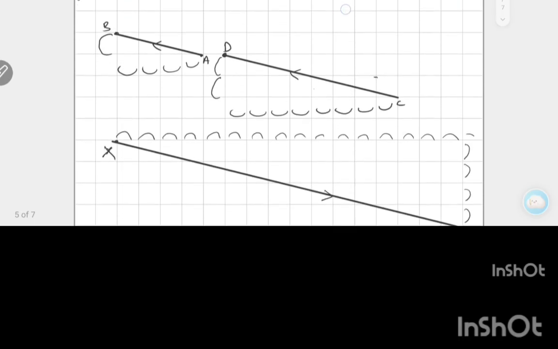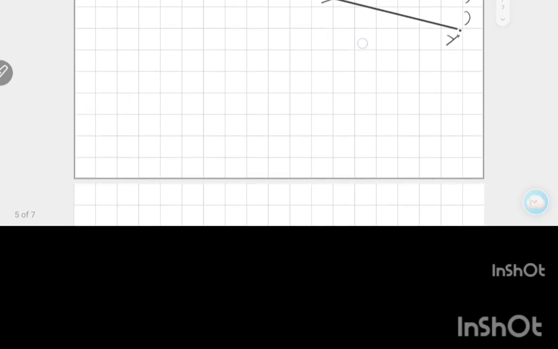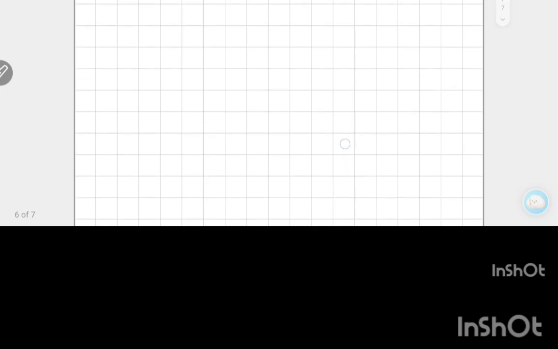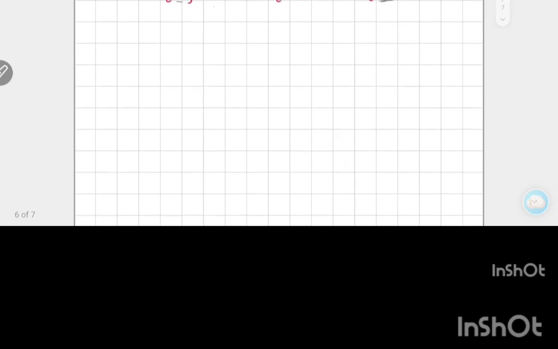We have sketched the graph and now we have to check which vectors are parallel and same direction, and which vectors are parallel and opposite direction. Now we have AB and CD. Check: parallel and same direction.